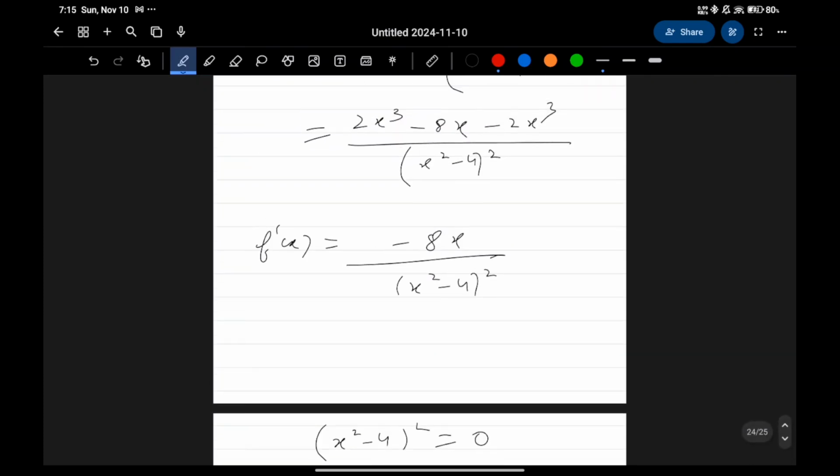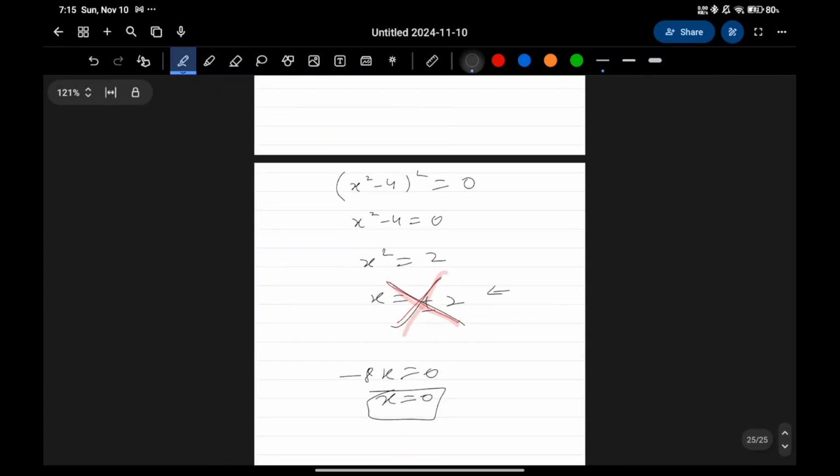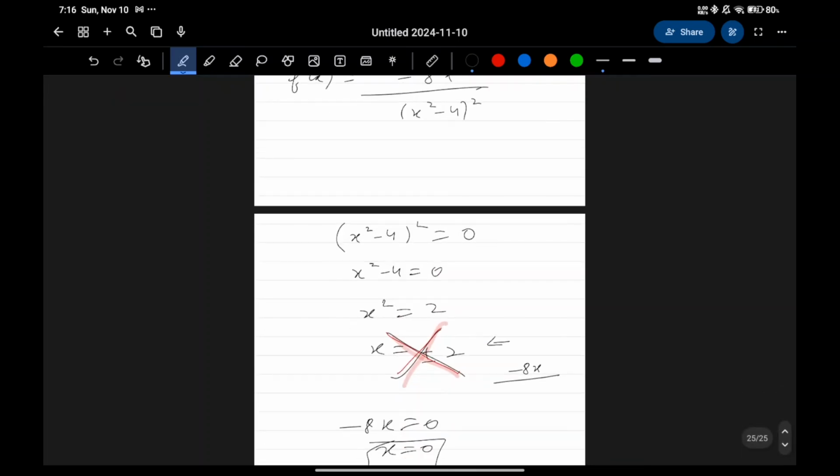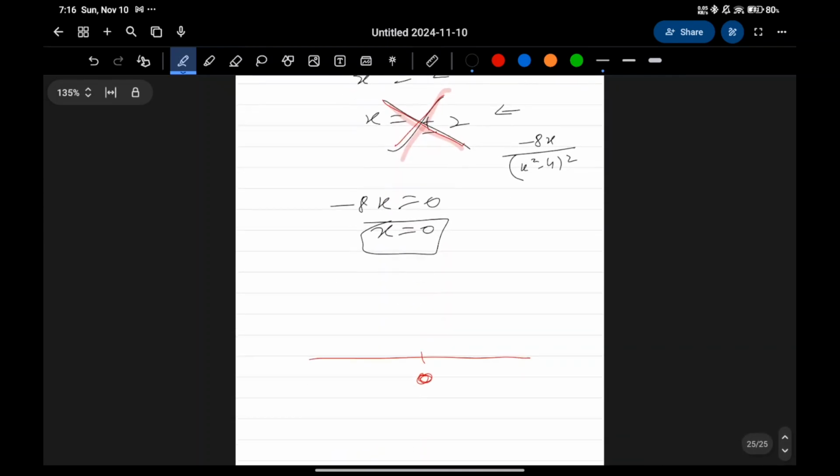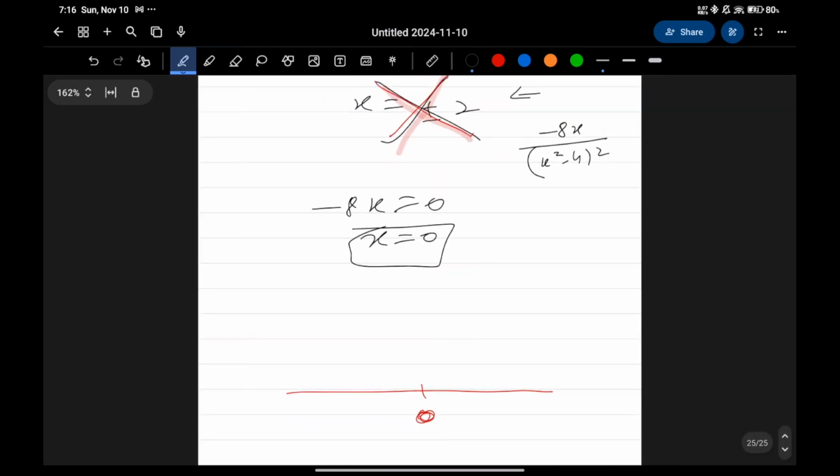Now let me get my equation again, which is negative 8x over (x squared minus 4) whole squared. Now pick a number less than 0. Negative 1. Put negative 1 over here. It becomes positive on the top, and on the bottom, because I have the squared over here, it would turn everything positive.